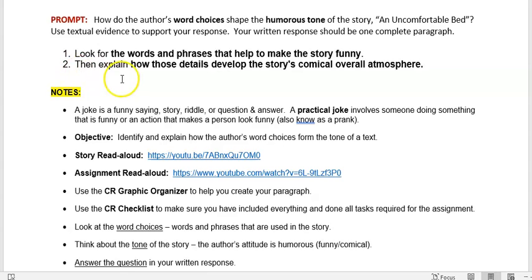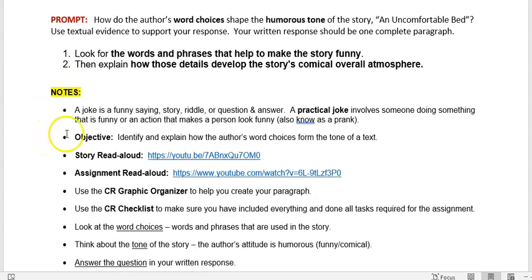And then explain how those details develop the story's comical overall atmosphere. Those are what we're going to do in our written response, our paragraph.